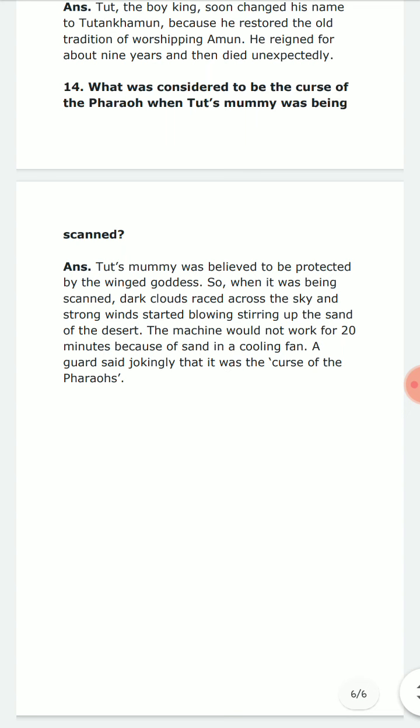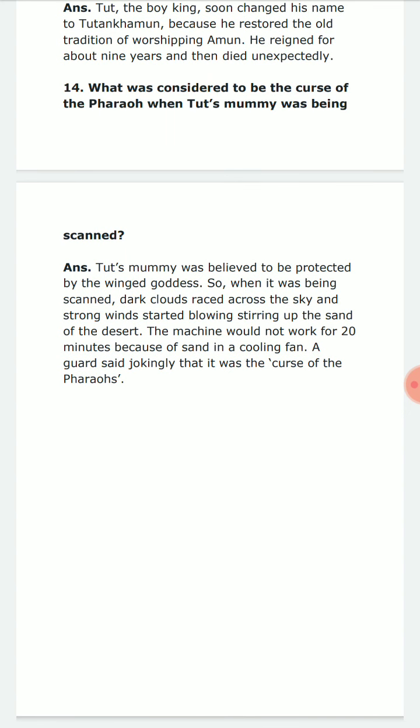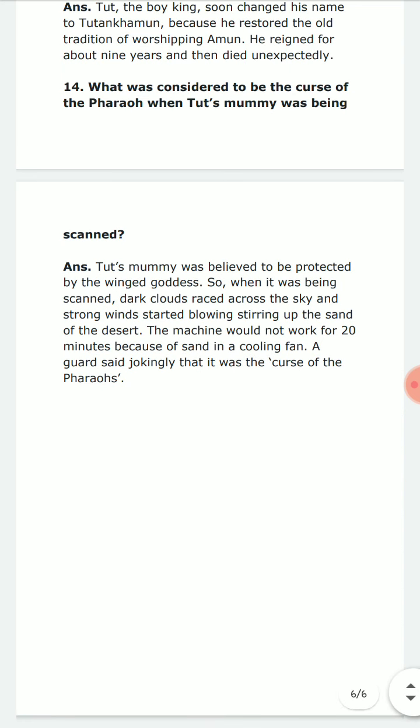When it was being scanned, dark clouds raced across the sky and strong winds started blowing, stirring up the sand of the desert. All this can be cited as fury of nature. Then one of the guards jokingly said it is the curse of the pharaoh.